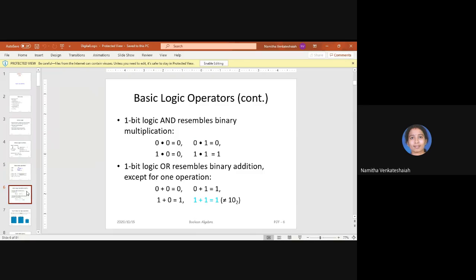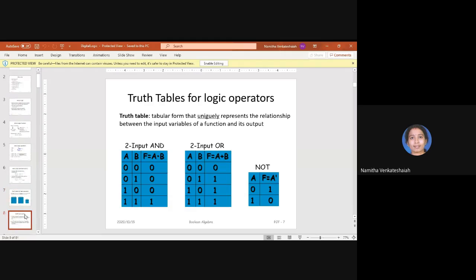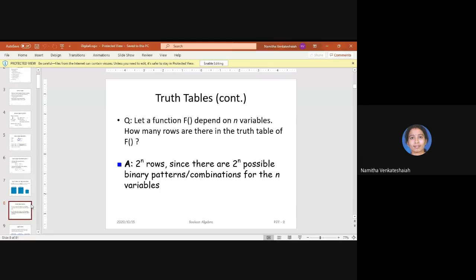All these things you know. But what I didn't tell you yet: if F is an n variable dependent function, and you write a truth table for it, how many rows will there be? This is the question thrown to you.